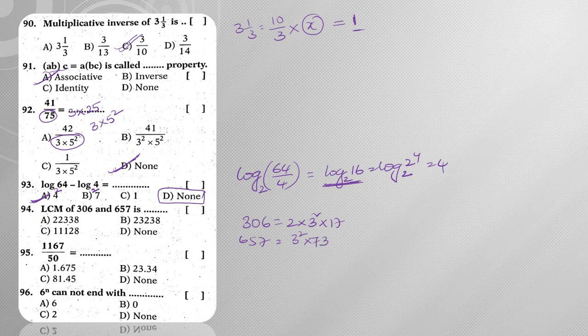On doing prime factorization we are going to get this. To write down the LCM, we need to consider the highest powers. So here 2 into 3 square into 17 into 73. When you do multiplication we are going to get 22338. Likewise we can find out the LCM of these numbers. First of all we need to convert them into prime factorization, and after that we need to proceed.